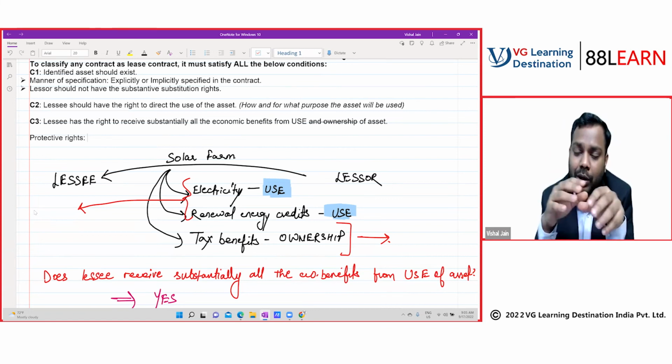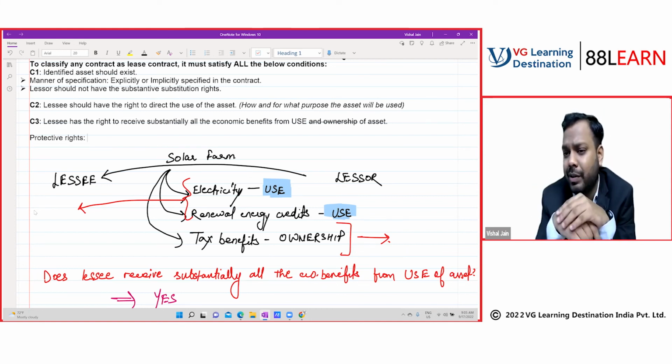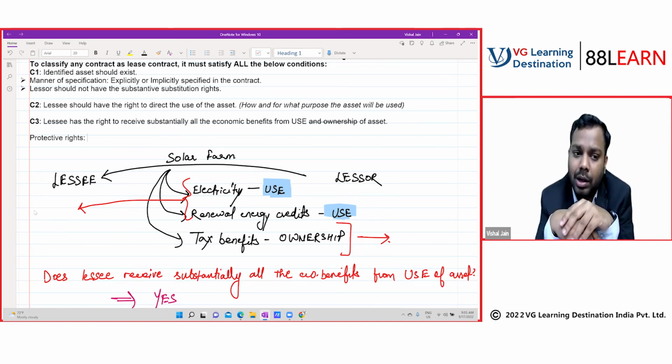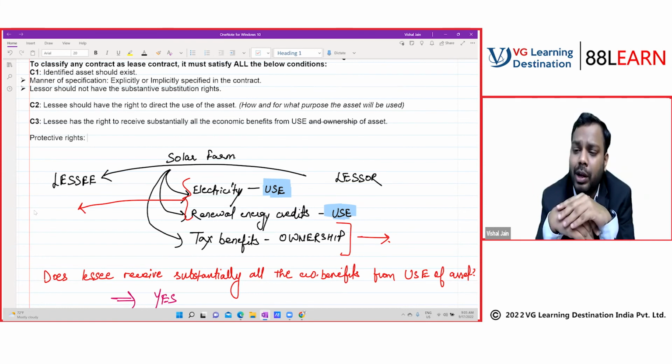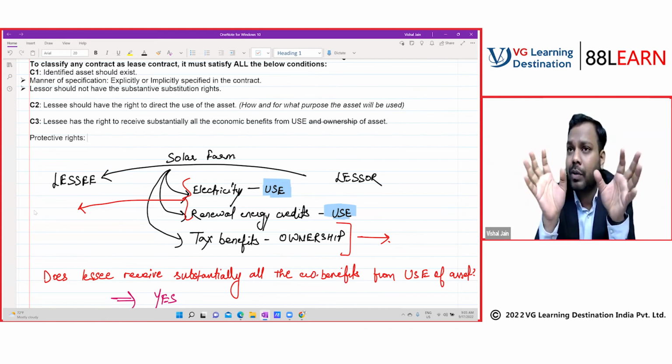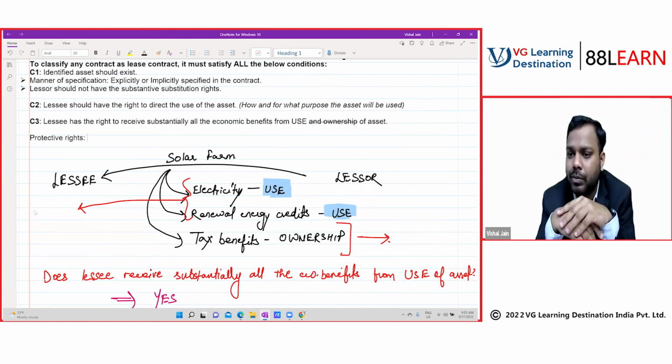So there were certain restrictions given. Why these restrictions? Or suppose this studio which I have taken, they have clearly maintained that you cannot allow anyone else to come and use this property. You cannot destroy any of the equipment which you are using, right?